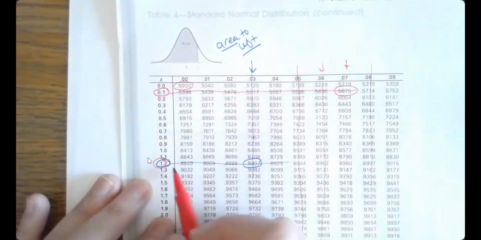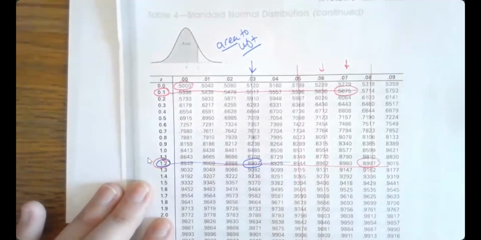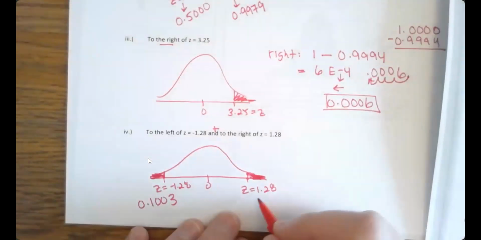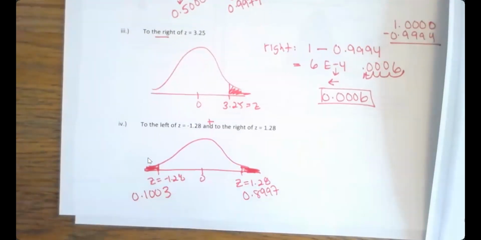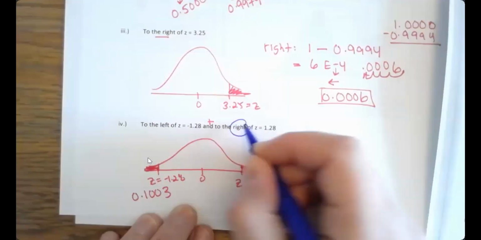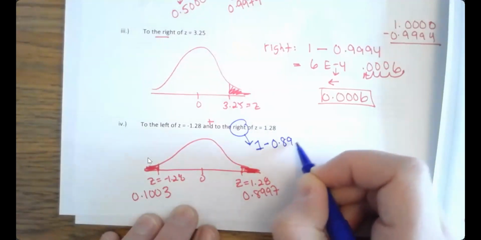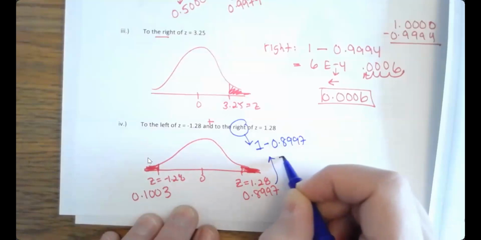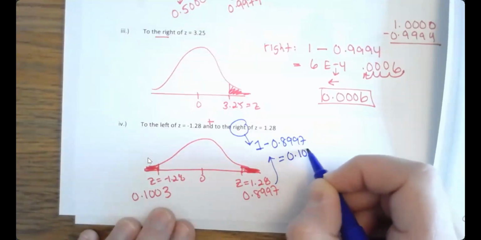And then I have the 8, which is way over here. So 0.8997. Now, don't forget though, because this one is to the right, we're going to do 1 minus 0.8997, right? So when I do that piece here, and I do the subtraction, I get 0.1003.